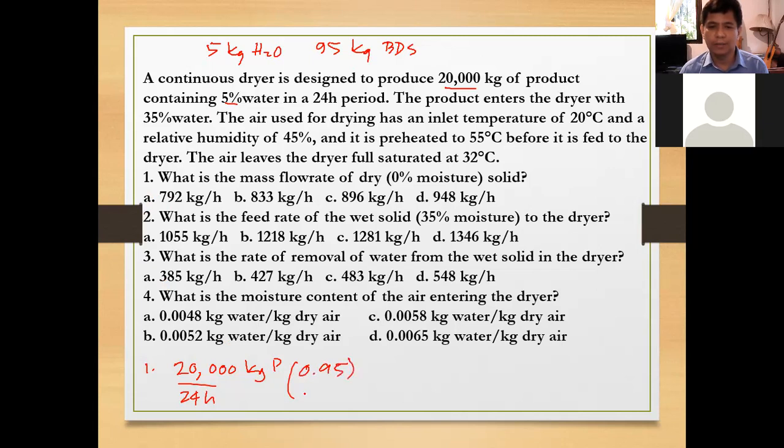Di ba? O kaya, the other solution is 20,000 divided by 24 times, kasi gusto natin yung bone dry solid, so times 95 divided by 100. Anyway, this is just the same. This is kilogram BDS, tapos this is kilogram product. So ang nangyayari dito, magka-cancel lang yung kilogram product. This two solutions will give the same answer. Anong letter?